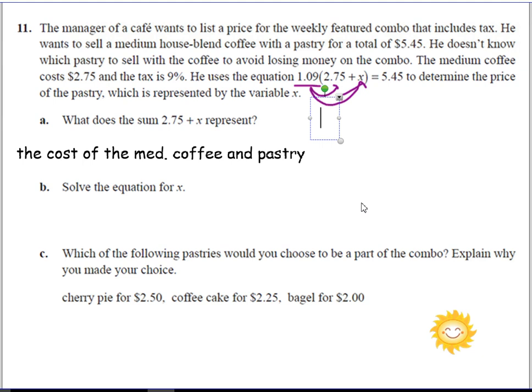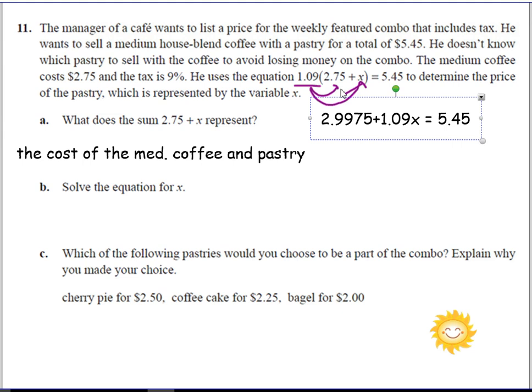So when we distribute 1.09 times 2.75, we get 2.9975. And then 1.09 times x will be 1.09x. And that equals our 545.